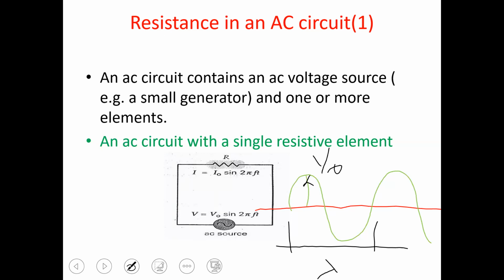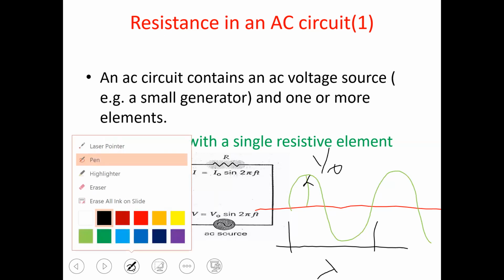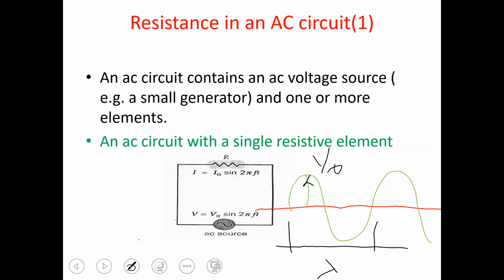Also, since the voltage is across a resistor, current is flowing, and that current is also of this nature.